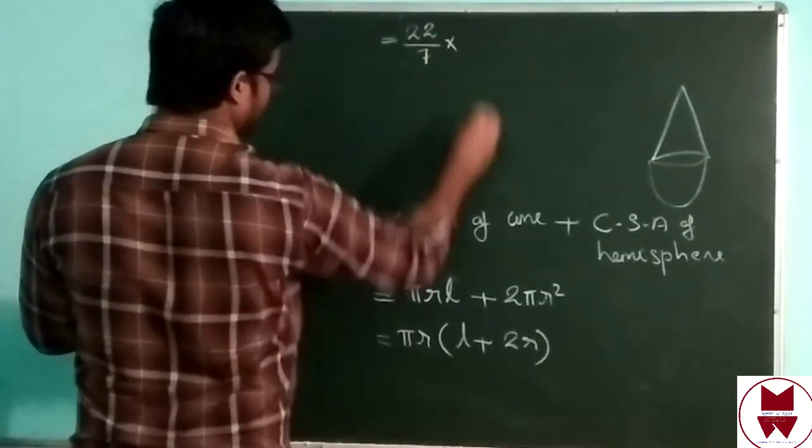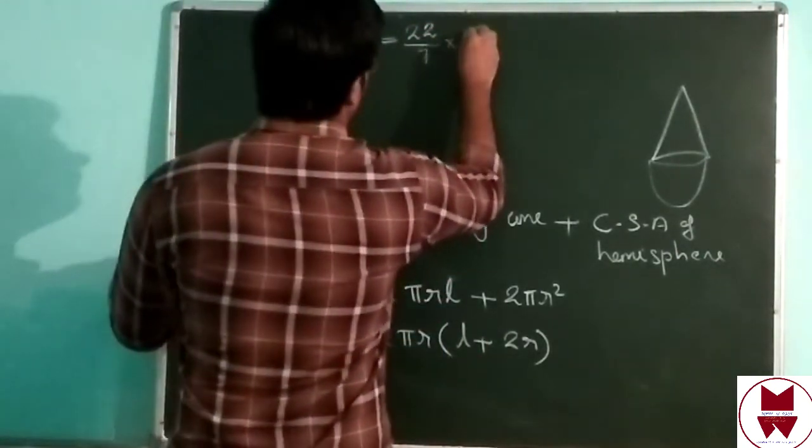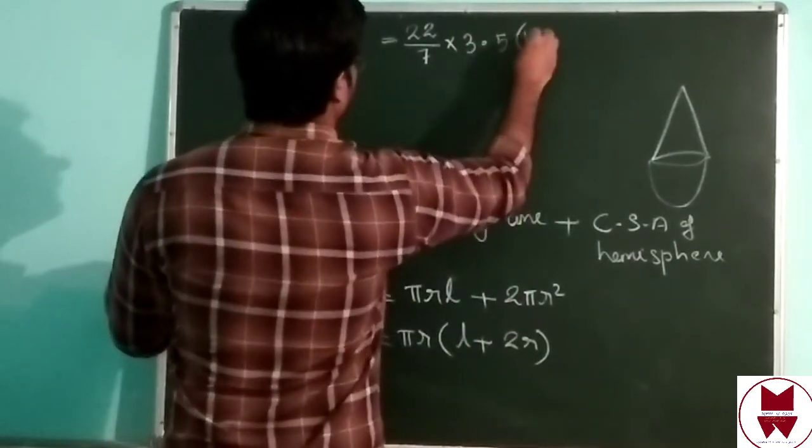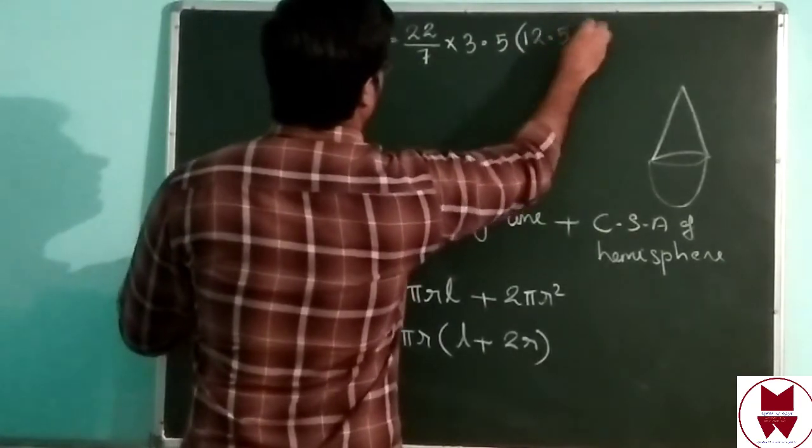22/7 into radius r is 3.5. Then L we found is 12.5.